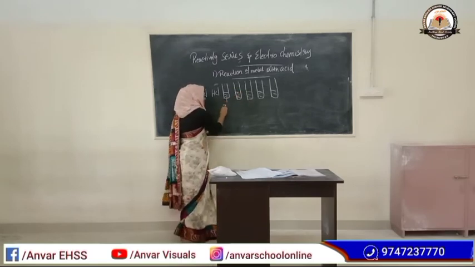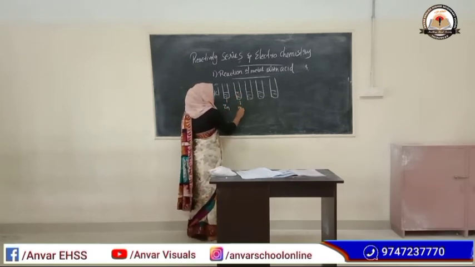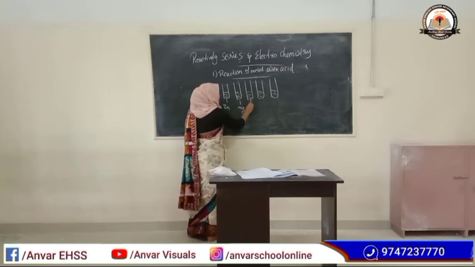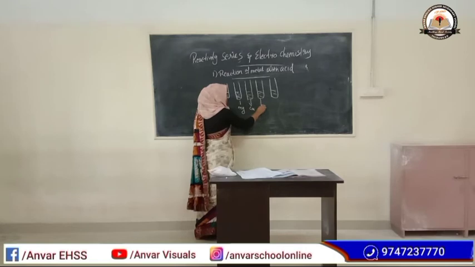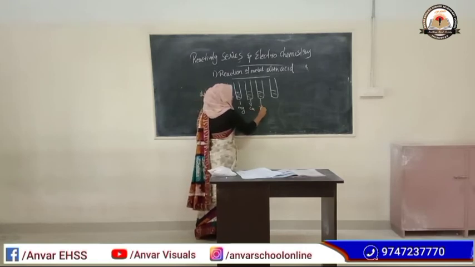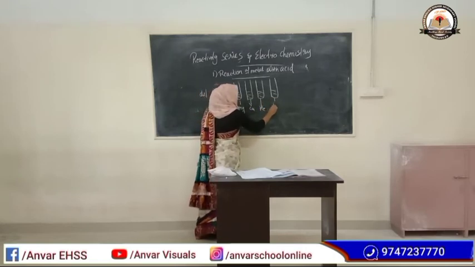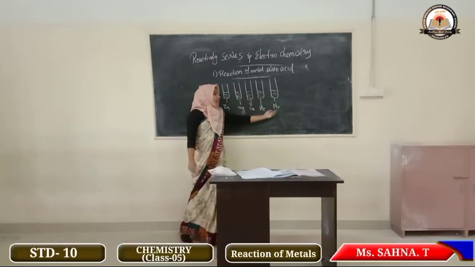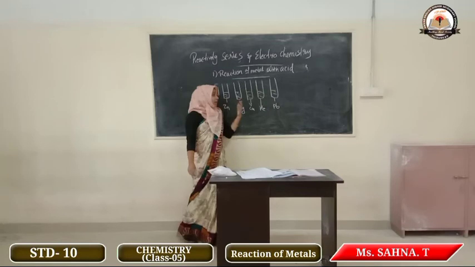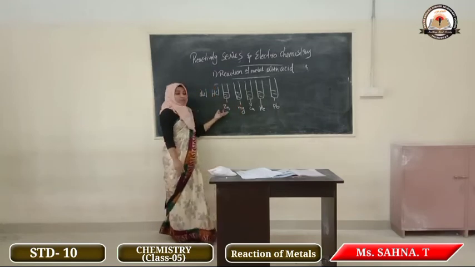First we take zinc, then magnesium, copper, iron and lead. Pb means lead. The symbol of lead is Pb. Okay. Next observe.